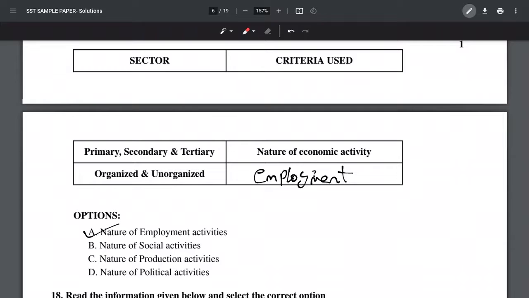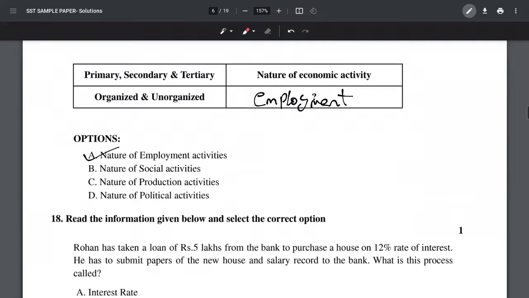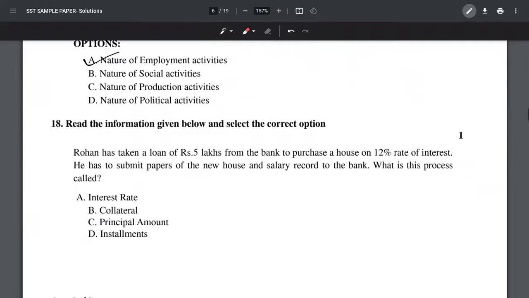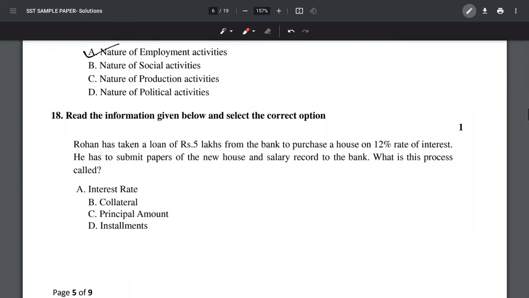Okay, next one. Read the information given below. We have a few lines. Let's read it. Rohan has to take a loan of rupees 5 lakhs from the bank to purchase a house at 12% rate of interest. Okay, a 5 lakh house he wants to take, loan at 12% rate of interest. Okay, he has to submit papers of the new house and salary record to the bank. What is this called?